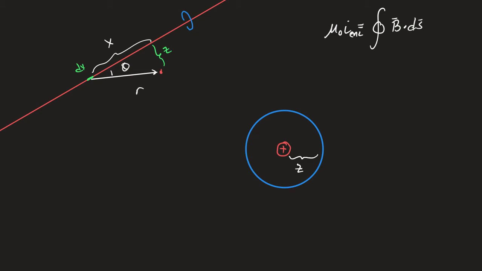Using the right-hand rule, I can articulate that there is a magnetic field that is this way all around the loop, in every place tangent to my Amperian loop. Amperian loop, right? Gaussian surface, Amperian loop.